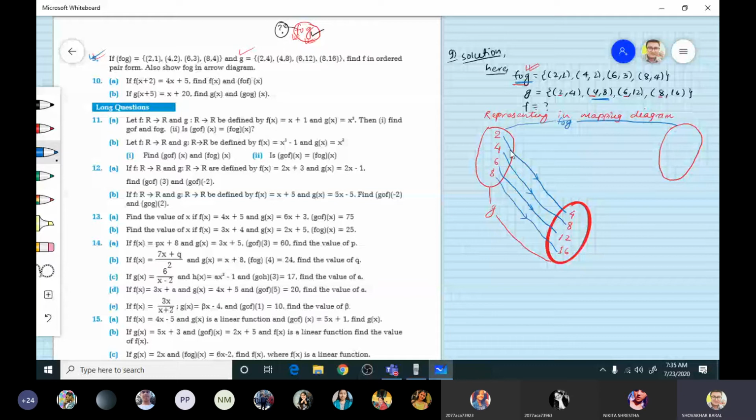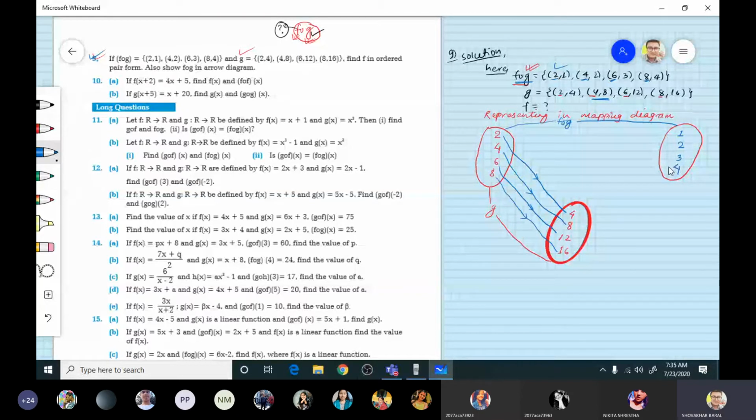See here, the first elements 2, 4, 6, 8 are already in the first set. So now let's insert the second elements. The second elements are 1, 2, 3, and then 4.